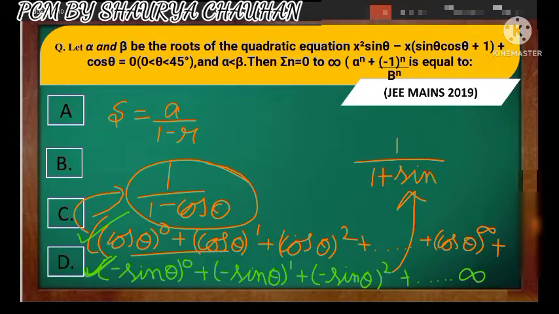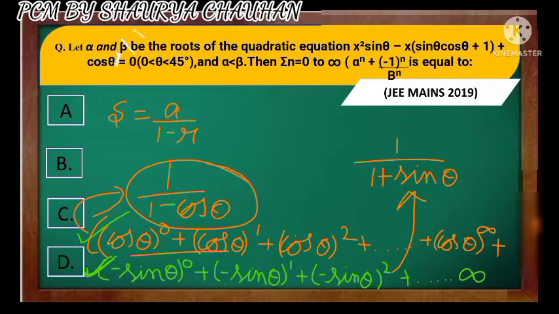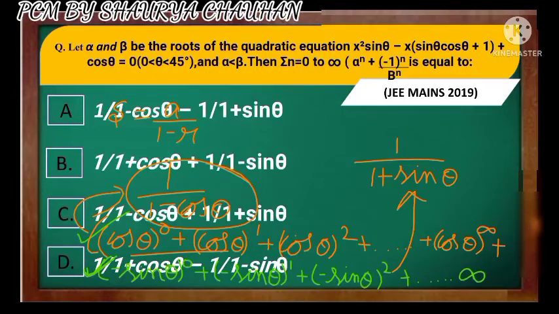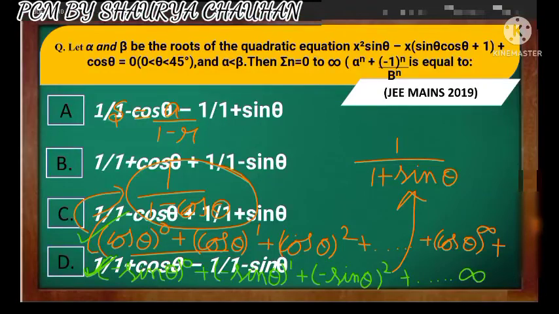So the answer is 1 upon 1 minus cos theta plus 1 upon 1 plus sin theta. So let's see the options. The option is 1 upon 1 minus cos theta plus 1 upon 1 plus sin theta. That is option C. So option C is our correct answer. Note it down.